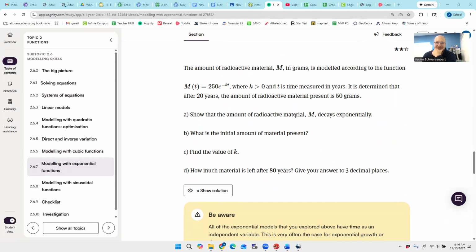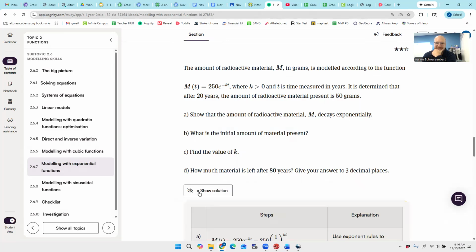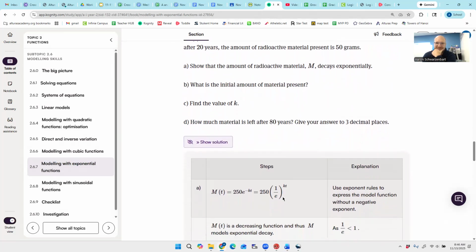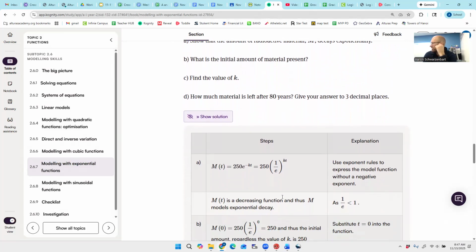Show that the material decays exponentially. Their justification is the negative k means that it's 1 over e to the kt, so it's decay, and my variable is in the exponent, so it's an exponential function. That makes sense, right?